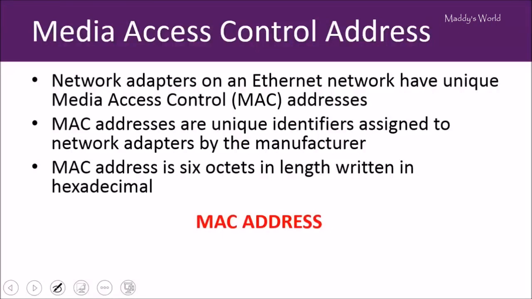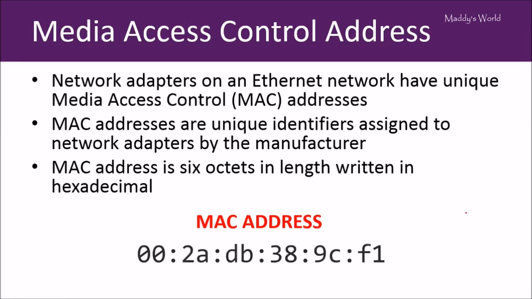Okay? A MAC address, if we take a look back at the screen here, is 6 octets in length, written in hexadecimal format. And so you might be like, what does that mean? Hexadecimal includes 0 through 9, and then A through F. So you have 16 different characters there if you include 0 through 9 and A through F. And notice here, there are just 6 octets.